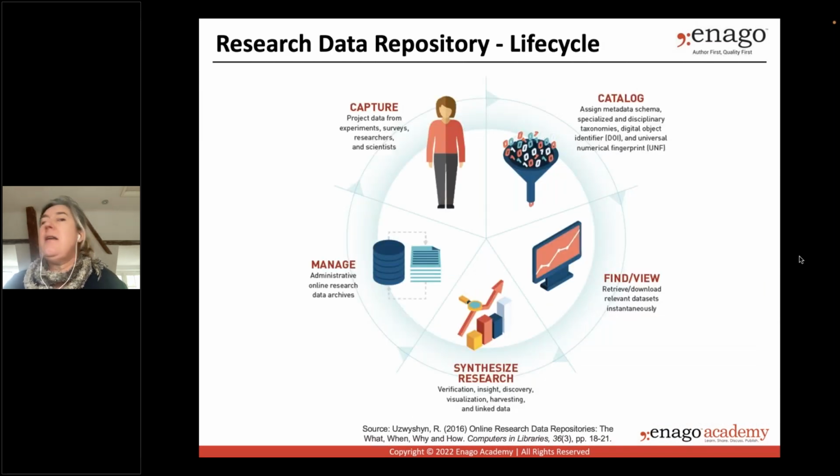So thinking about the data repository life cycle, it begins with capture, where the experiment or the research project and the initial data are captured and progress towards uploading. You've got the catalogue, where you're adding things like disciplinary metadata, assigning perhaps a digital object identifier or other identifiers.